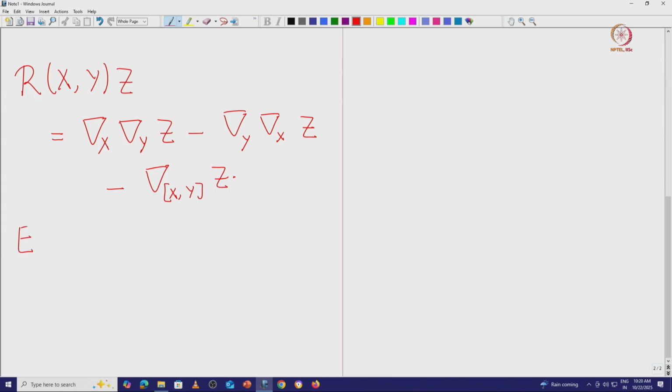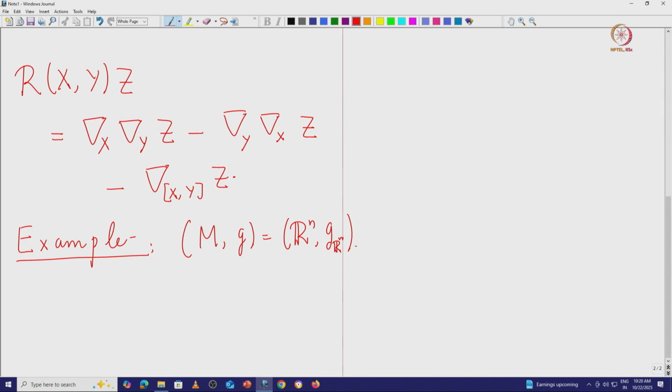Okay. So this is the definition of the Riemann curvature endomorphism. So just as a quick example, let's say we are on Rn with the usual flat metric, with the usual metric, then one can easily check, because what is the Levi-Civita connection on Rn with the usual Euclidean metric? Well, that's just the usual component wise differentiation, right?